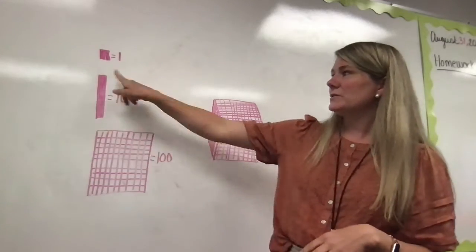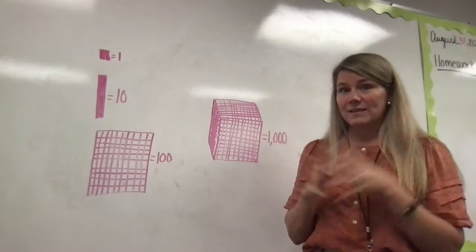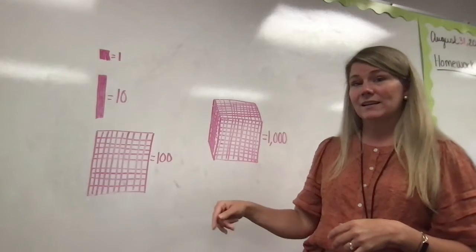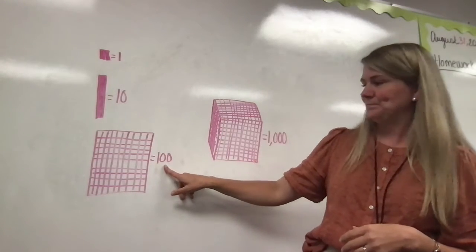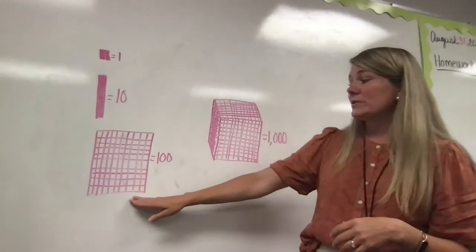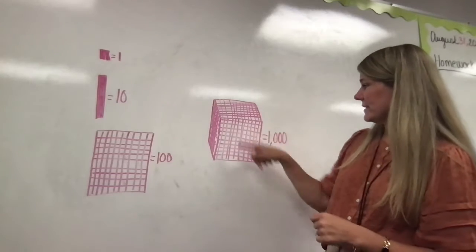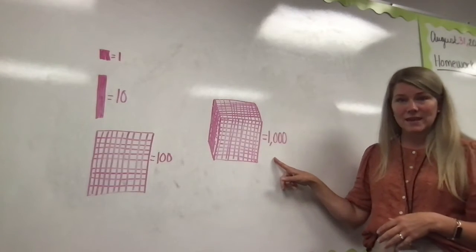If we have 10 of those cubes stacked on top of each other, they're worth 10, right? If we have 10 of those cubes in a line, then we have 100. If we have 10 of these 100 sheets stacked together, we have the value of 1,000.